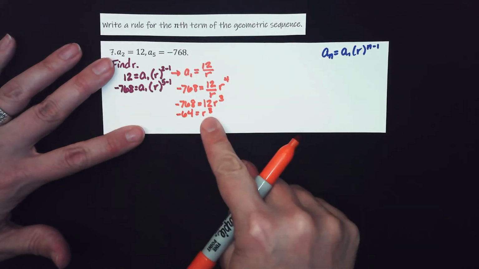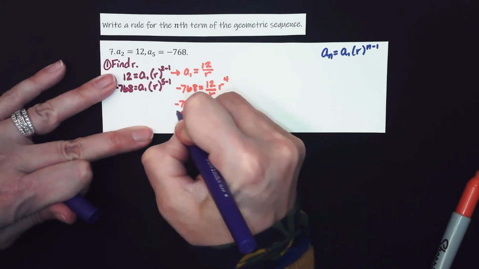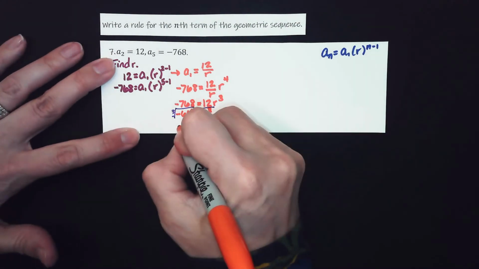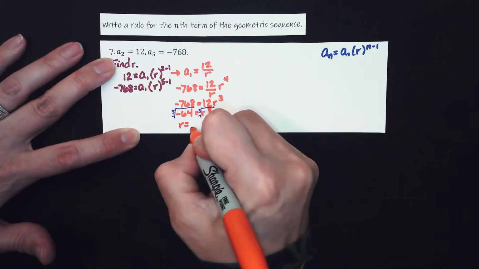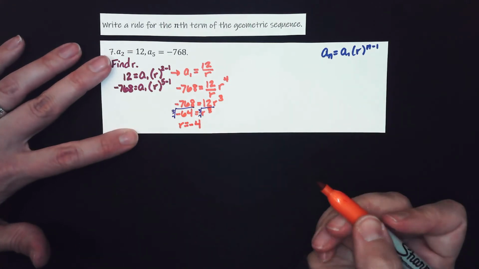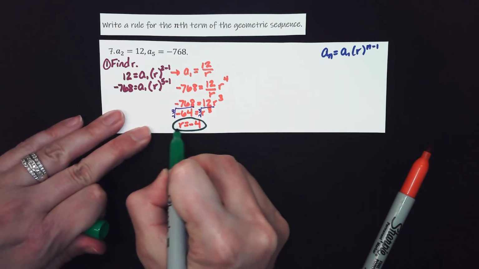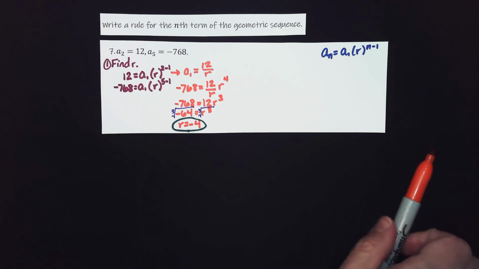And to find r, we take the cube root of both sides. And we end up with r equals negative 4. Okay, so I have r now, but we need a1.